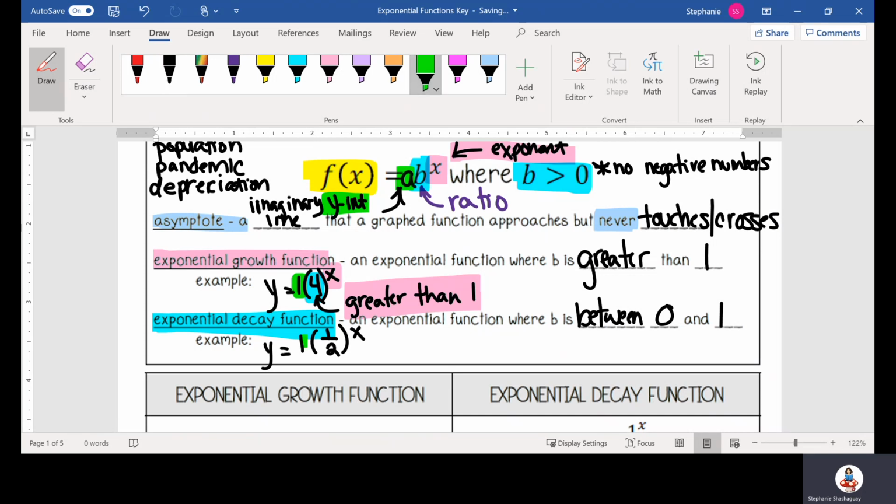So again, my a term would just be 1. My ratio is 1/2, and this ratio is between 0 and 1, and then we have our exponent.